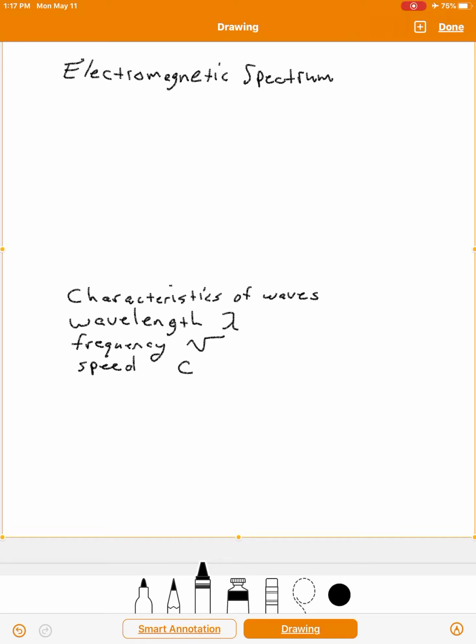And that is the idea that we're going to measure, or we're going to consider, wavelength, frequency, and speed. Okay? So wavelength is, let me show you a depiction here of a wave. A wave is a repeating oscillation, a repeating pattern.